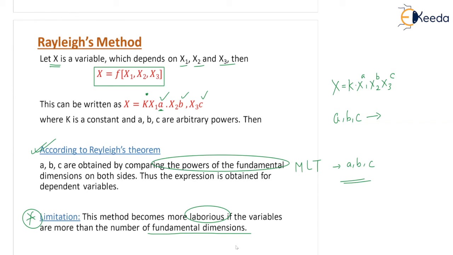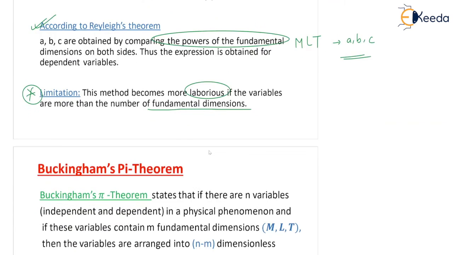Number of variables means parameters, like pressure, temperature, volume, discharge. If the number of variables is more than the number of fundamental dimensions like M, L, T, then this method becomes very difficult.